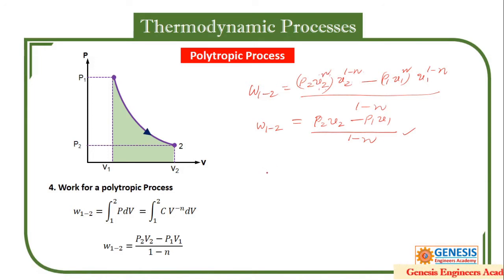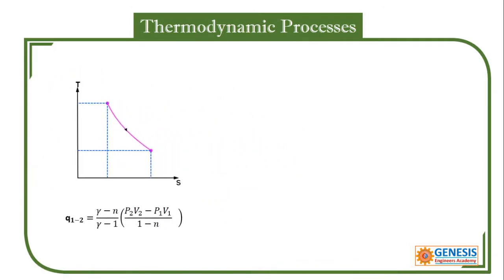So with this TS diagram I will explain how to derive the heat transfer in a polytropic process. For that I need the first law of thermodynamics, that is delta Q minus delta W is equal to the change in internal energy. Then delta Q is equal to delta W plus dU.